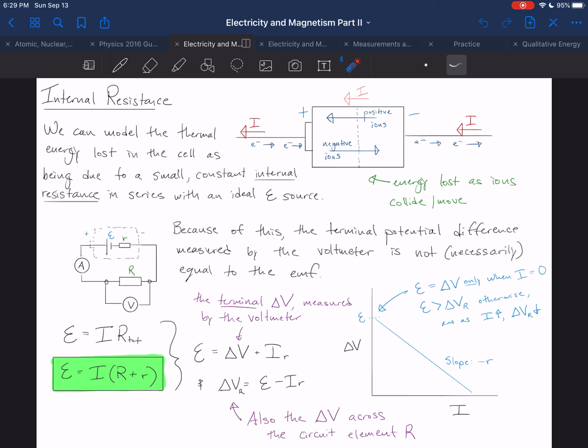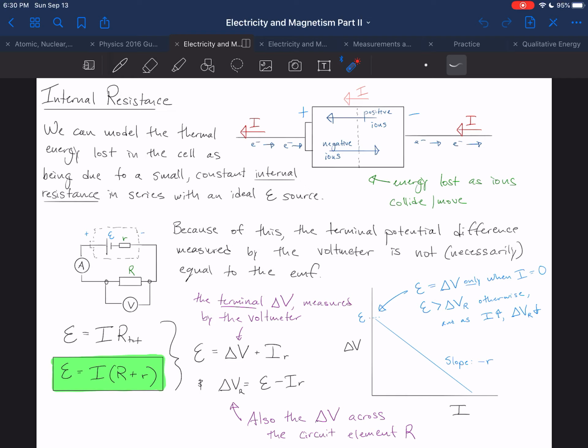This isn't perfect. If we're assuming this is a small constant internal resistance, we're also semi-assuming that it isn't going to depend on the current. And that's not strictly speaking true. But for now, this is a pretty good model to try to figure out what is happening inside the cell as energy is lost when current goes through the cell.